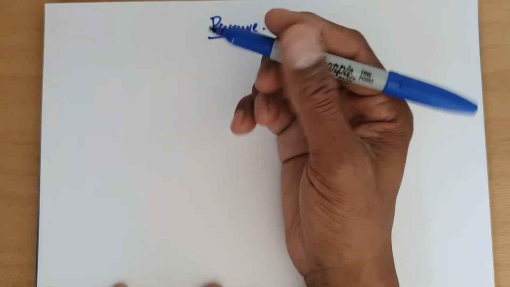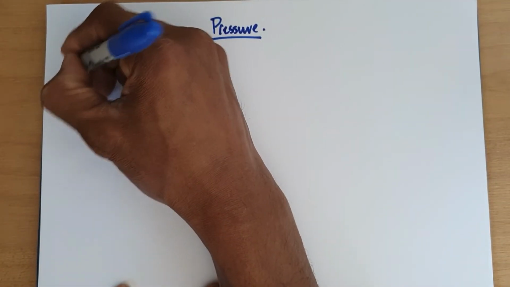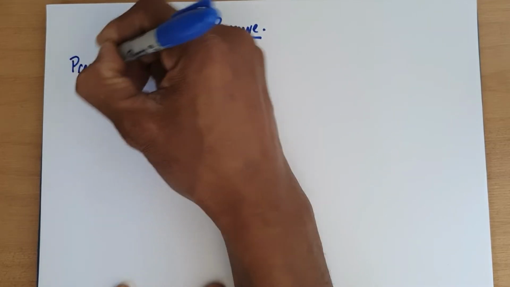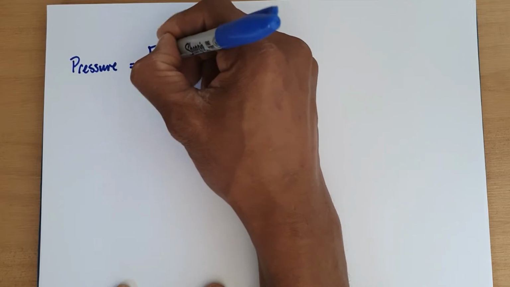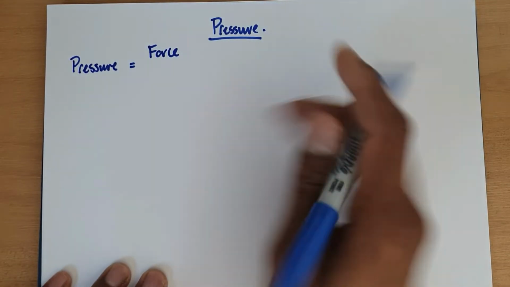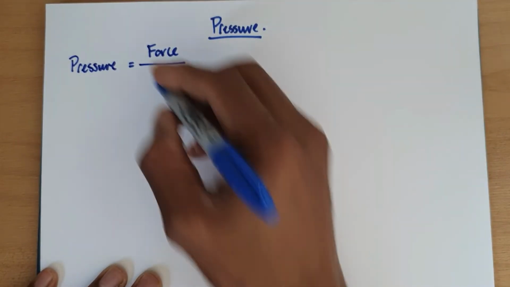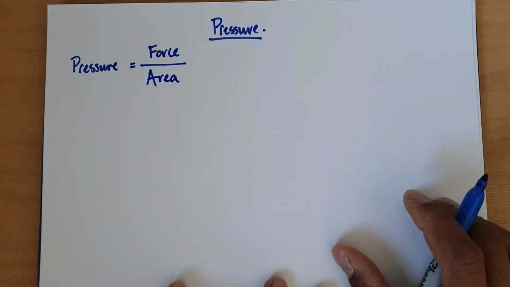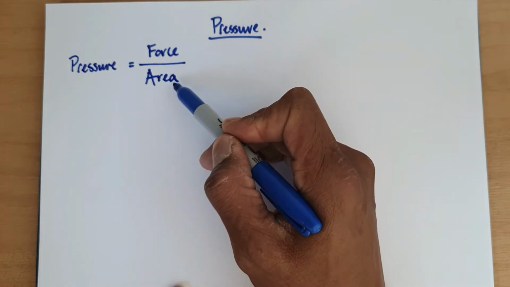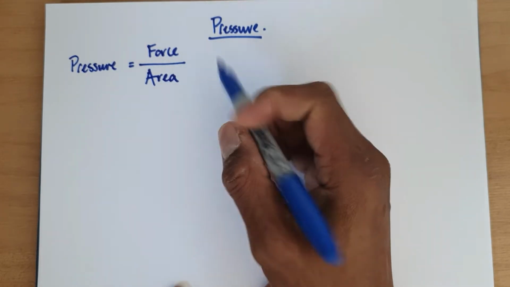Well, you guys hopefully know the equation for pressure. The equation for pressure looks like this. You have the force and you divide it by the surface area that the force is being applied on.